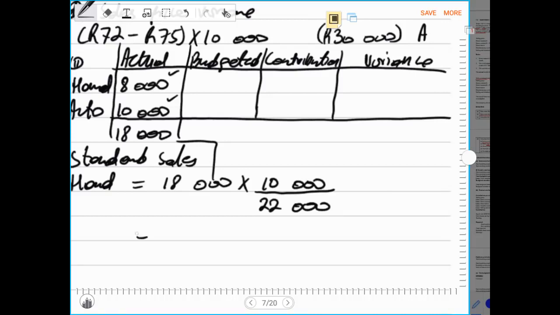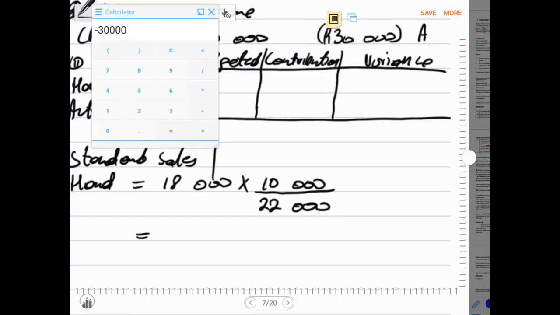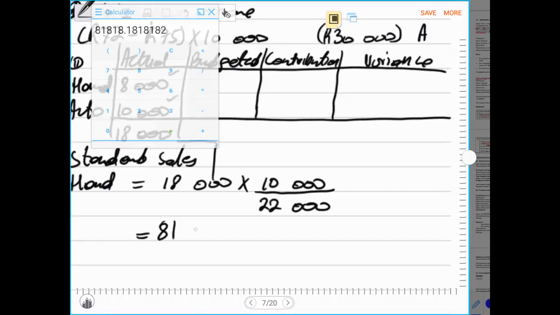So now the allocation for the hand washing powder will be 18,000, which is actually units sold, times 10,000, which is units for hand washing powder, divide by total units, meaning hand and auto washing powder, 22,000.